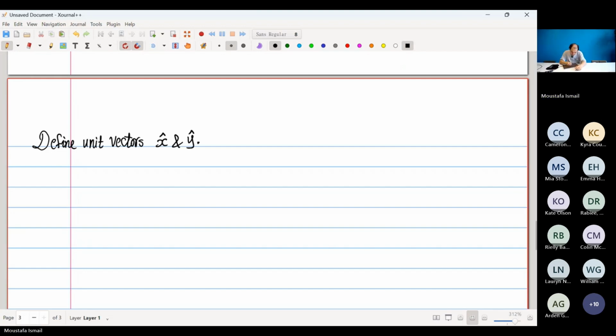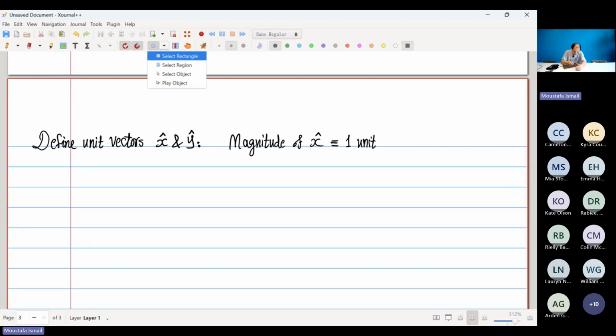So the magnitude of x hat is equal to 1 by definition, and the magnitude of y hat is also equal to 1 by definition.